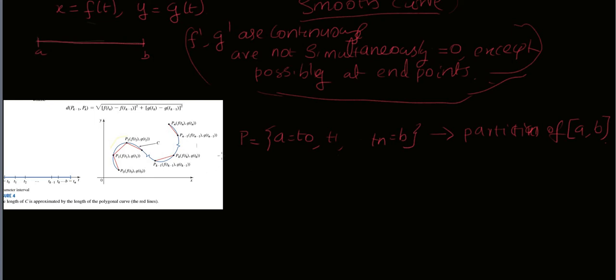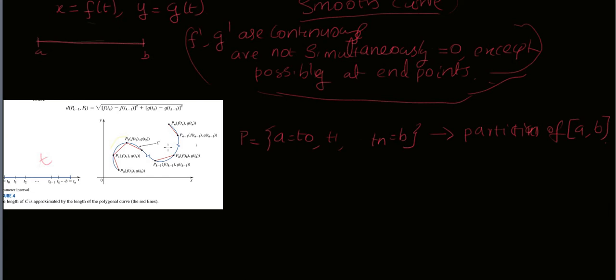So I have partitioned this; this is the partition corresponding to t. Corresponding to each t, find the x and y. This interval is divided into subintervals, and corresponding to these subintervals there will be polygon-like structures.